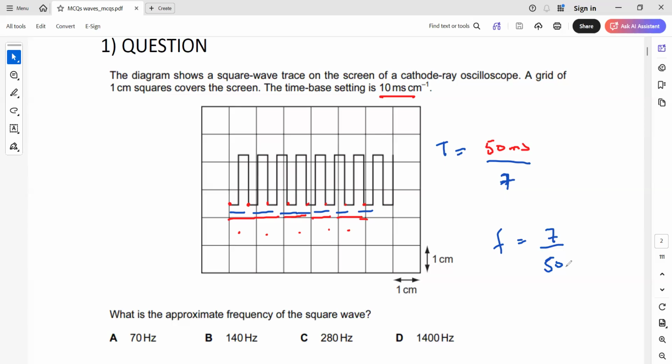And milli means what? Milli means 10 raised to the power minus 3. So it is 7 divided by 50 times 10 to the power minus 3, so we got B as the right answer.